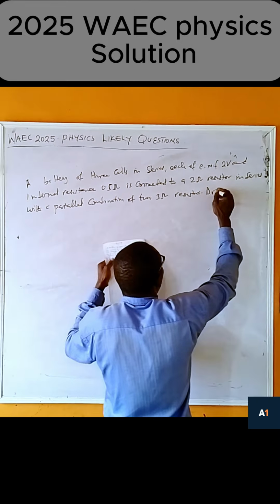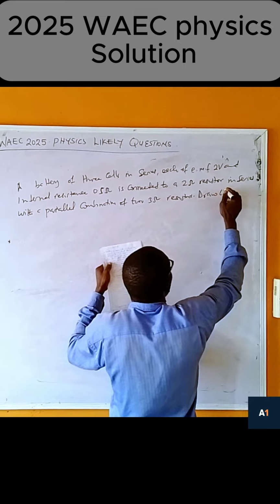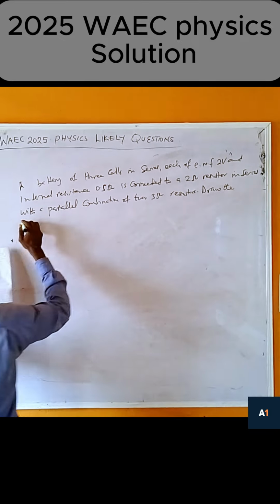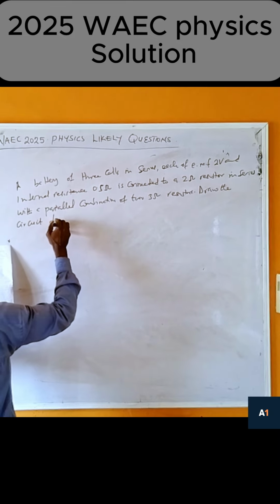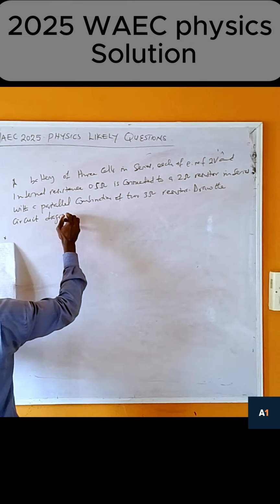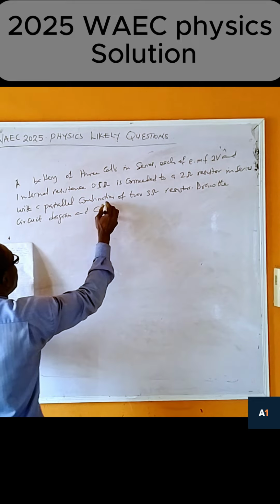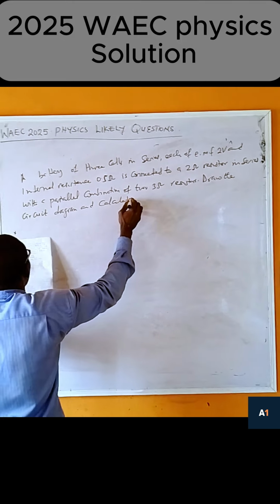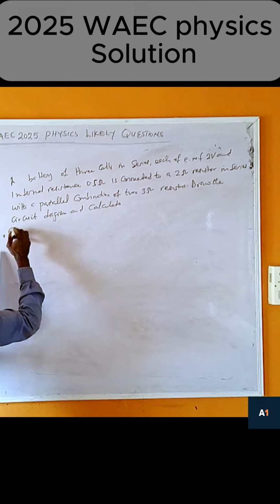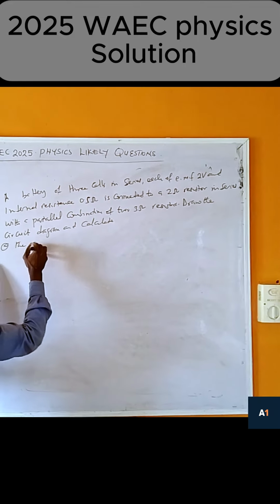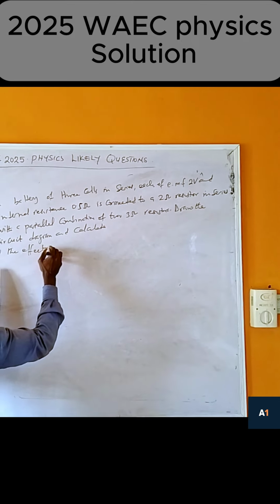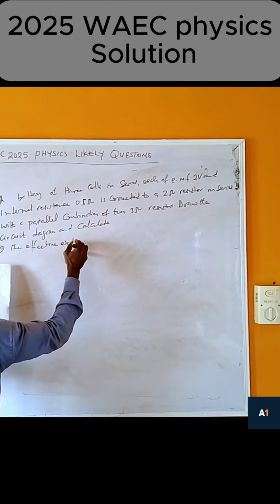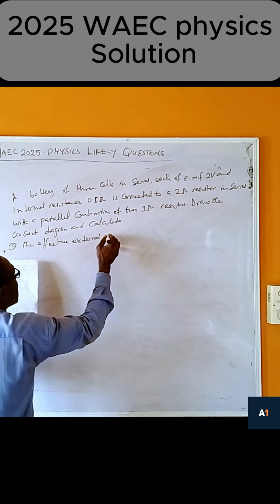Now draw the circuit diagram and calculate: A, the effective external resistance.